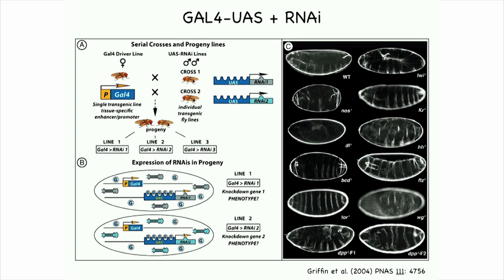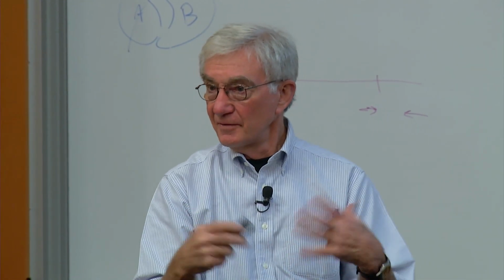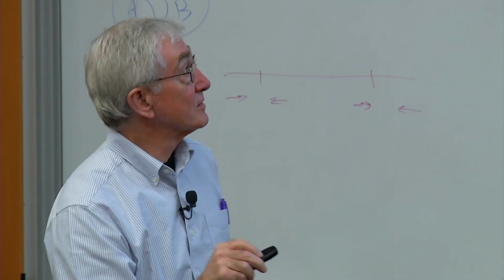This gallery shows patterning in the Drosophila embryo in the wild type, and then after turning on with an early development specific promoter, RNAis for different genes. And this is Nanos, Krüppel, Fushi tarazu, decapentaplegic, these different genes that are involved in the development and the patterning of the Drosophila embryo.